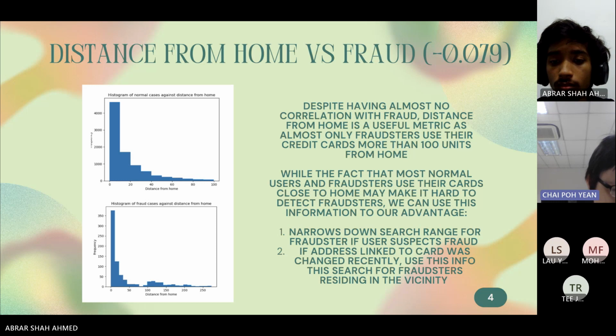So the fact that most normal users and fraudsters use the cards close to home may make it hard to detect fraudsters. We can easily use this kind of information to our advantage. You can narrow down the search range for fraud if the user suspects fraud, and if the address linked to the card was changed recently, you can use this info to search for fraudsters residing in the vicinity.